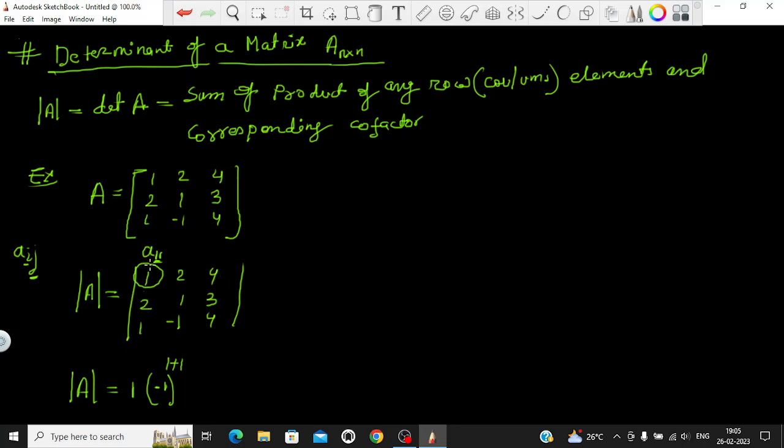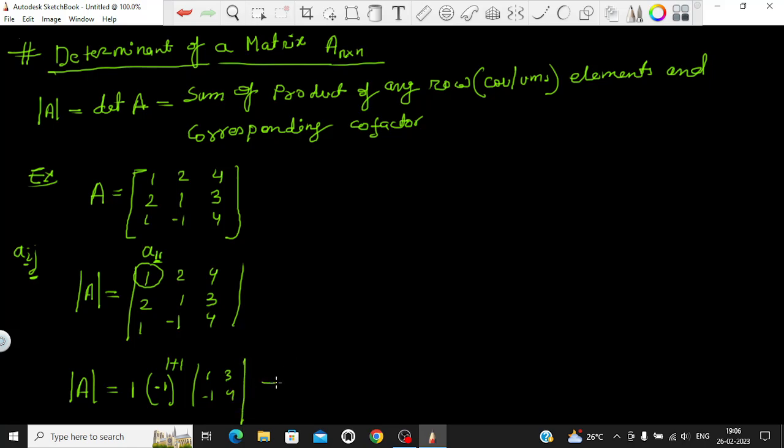Hide this row and this column and just take the remaining values. So take the determinant of the remaining values: 1 3, minus 1 4.